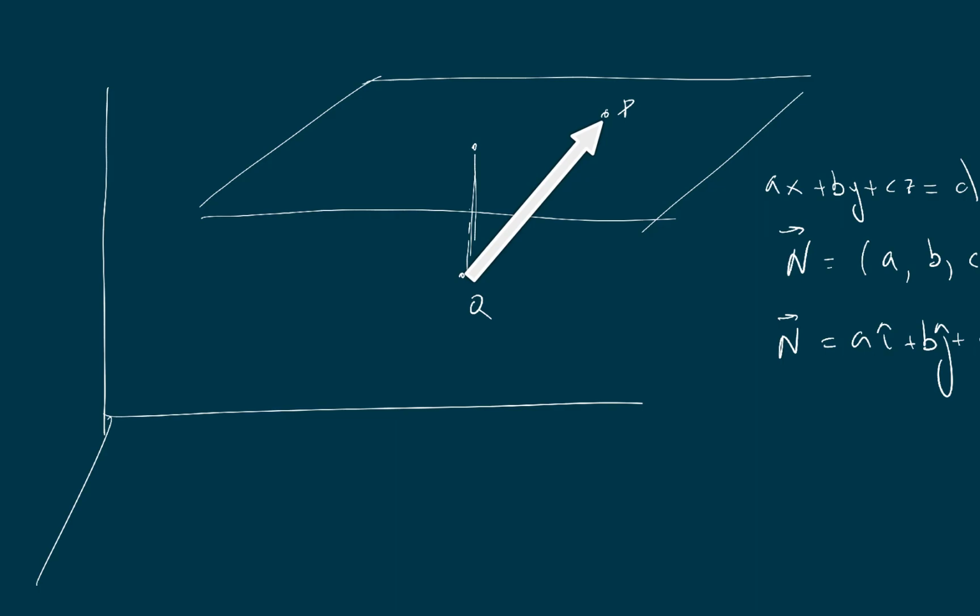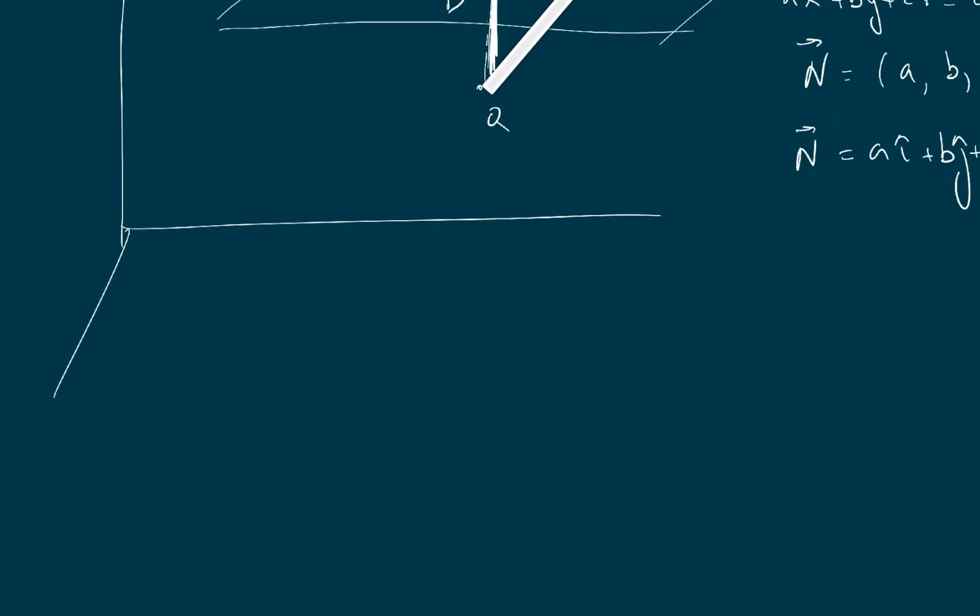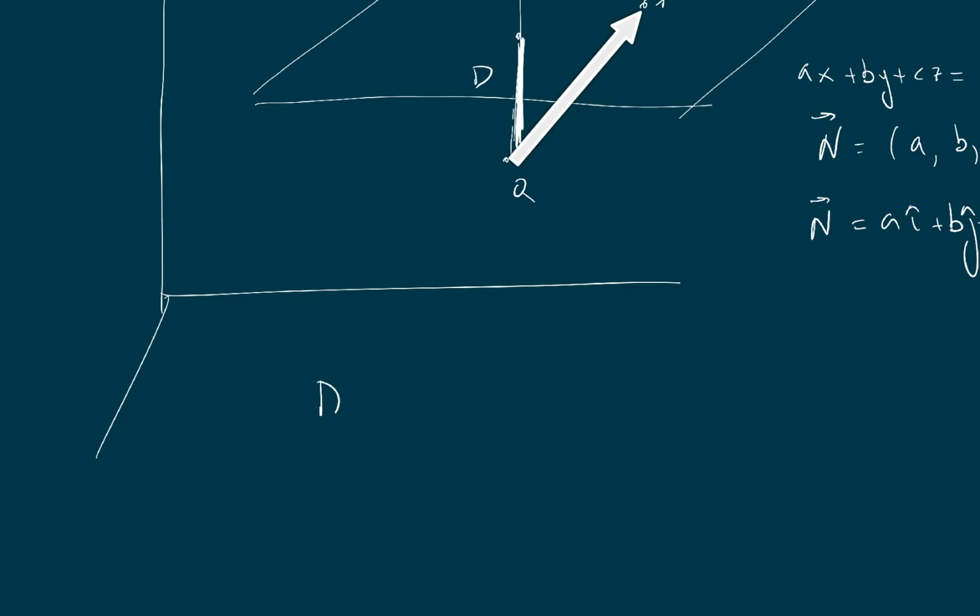Perfect. How will you find the distance D? This distance D. Well, if you are in the plane and you project QP onto this direction, you will have the distance D. What I'm saying is that the distance D is the magnitude of QP times the cosine of this angle.